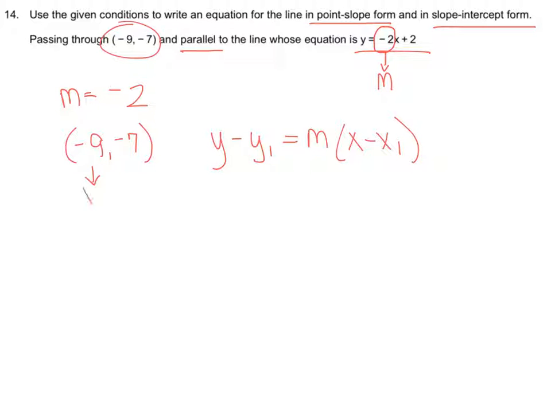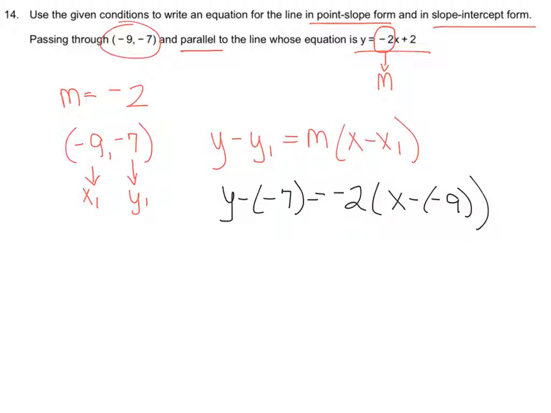Now x1 is the -9 and y1 is -7. So I'll just plug in these points and simplify. I have y minus -7 equals -2 times x minus -9.